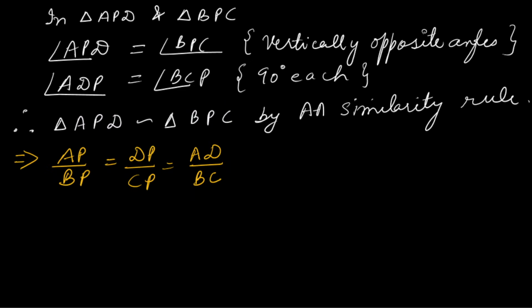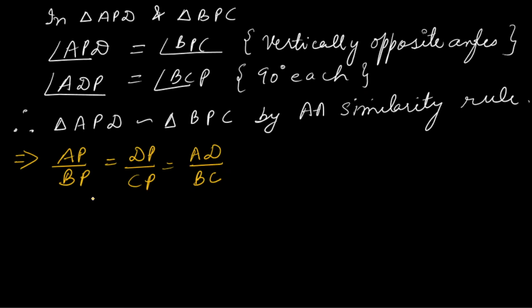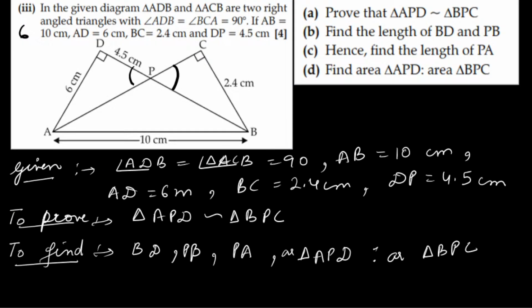Okay, now what do we have to find? Here we have to find BD, PB and PA. So BD we have to find. We will see which things are given to us. You can find and tell me the answers also. In these two triangles, PB is there, which we have to find, and PA is there, so these two sides we have to find, PB and PA.